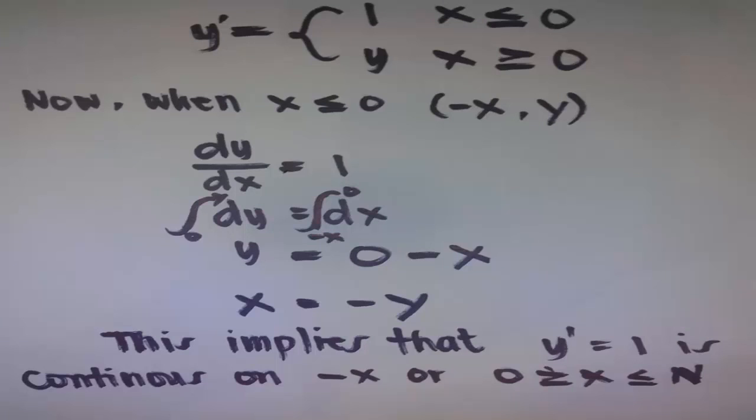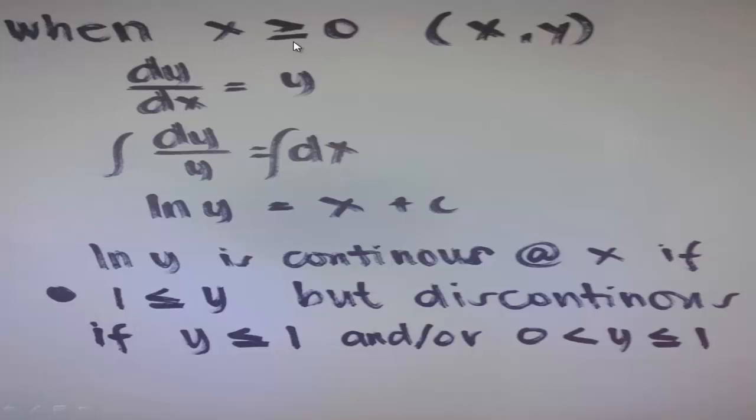This implies that y prime is equal to 1 is continuous on negative x or 0 greater than x lesser than n. This implies that y prime is continuous on negative x, where 0 is greater than or equal to x and x is greater than or equal to n, where n is your natural numbers.